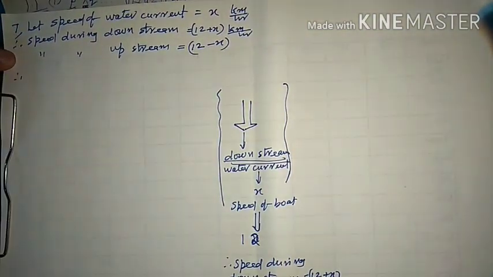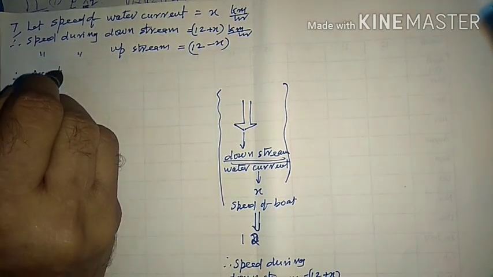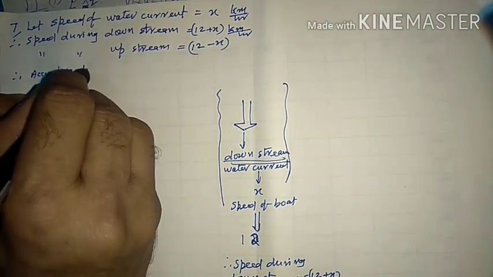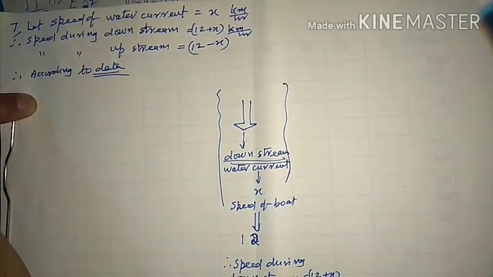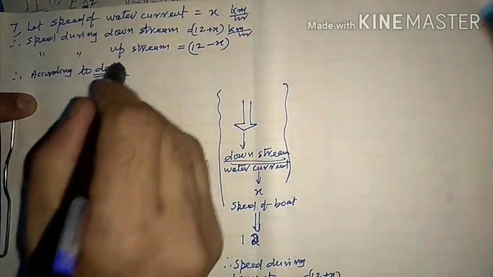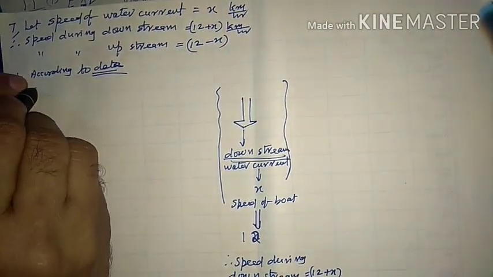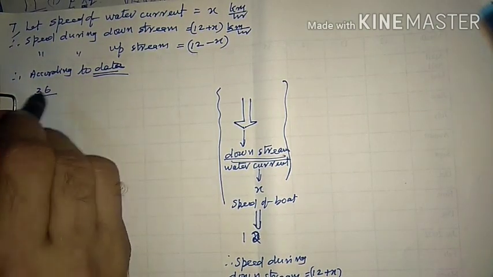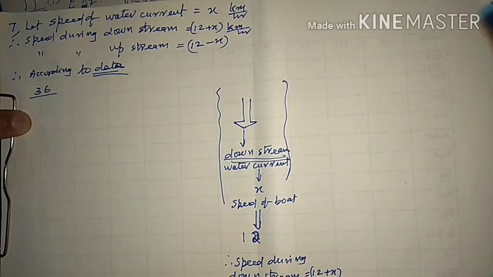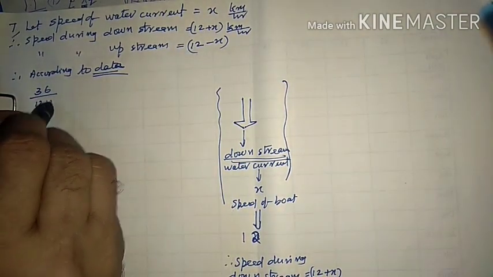Therefore, time. According to the given information, distance is 36 kilometers downstream, distance upon speed, and the speed downstream is 12 plus x.